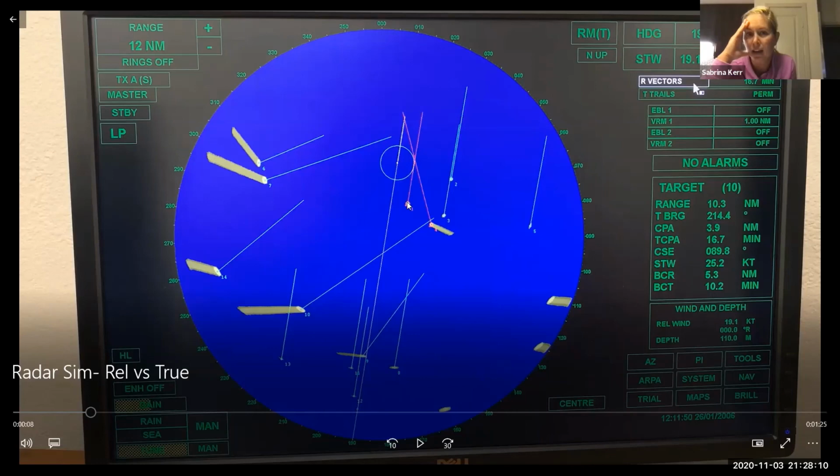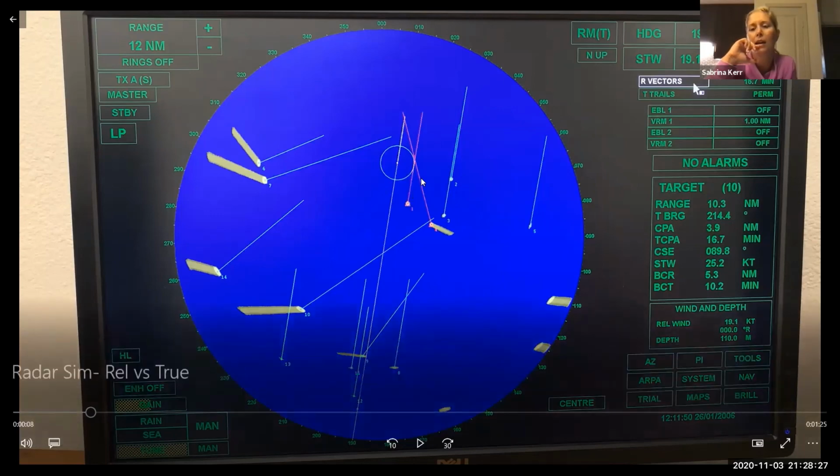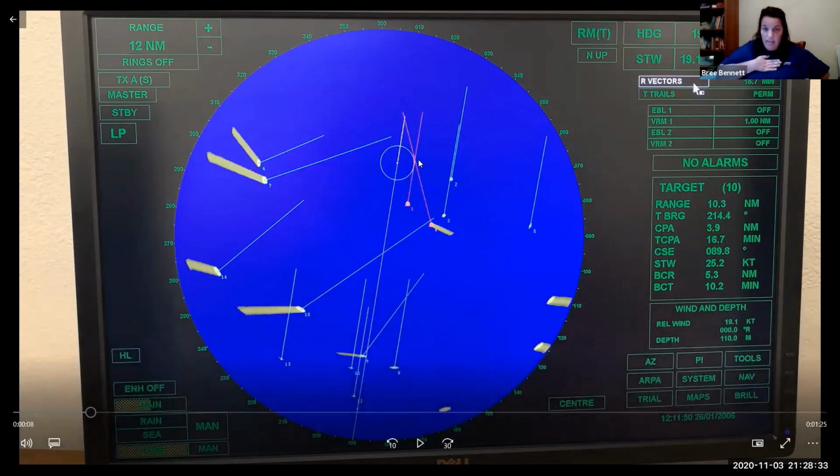Their relative motion line, if I am going this way, relatively, it's just passing me behind me, right? Relatively, it's moving that way, if I'm moving this way and it's not moving. So its relative motion line is opposite of what my heading and speed is.